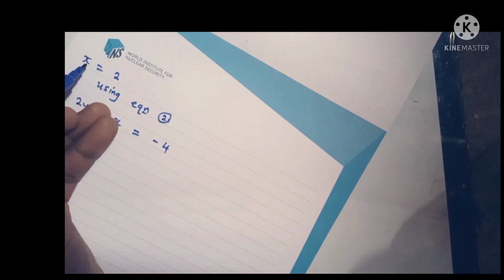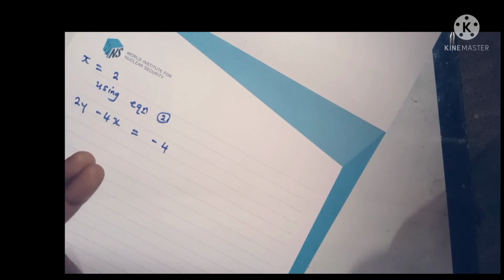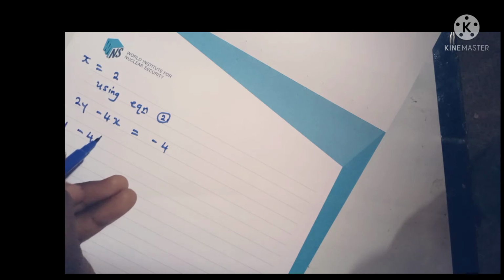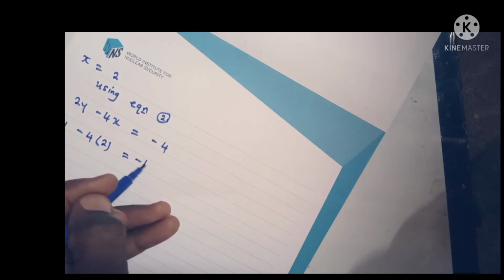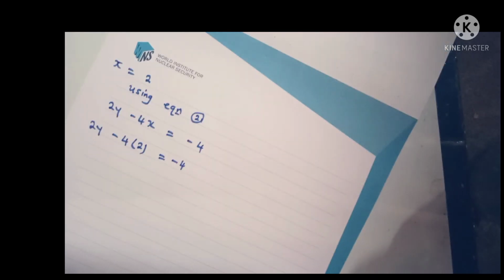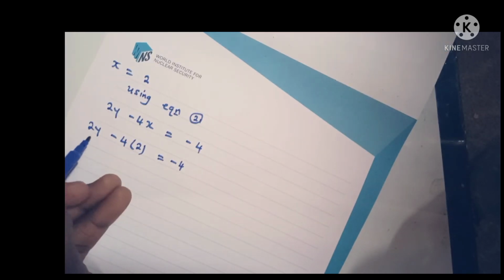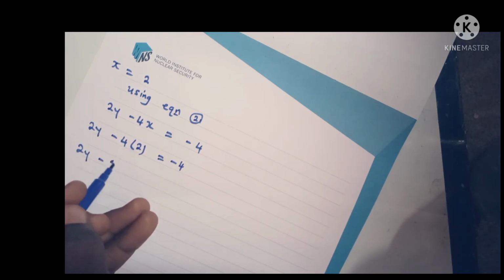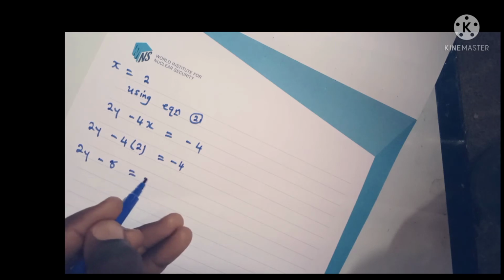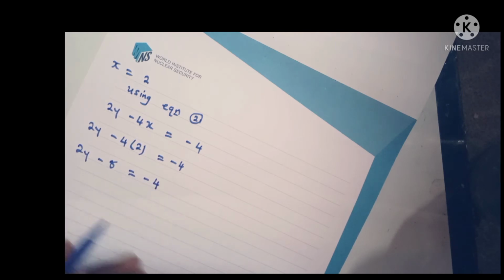So we have x to be 2, so we're going to put the value of x there. 2y minus 4 into 2 equals minus 4. Now we have only one variable here, so we can find it very easily. 2y minus 4 times 2, 8, equals minus 4.